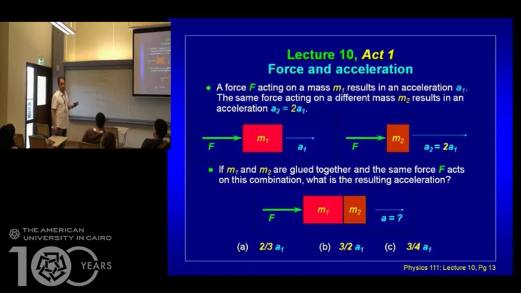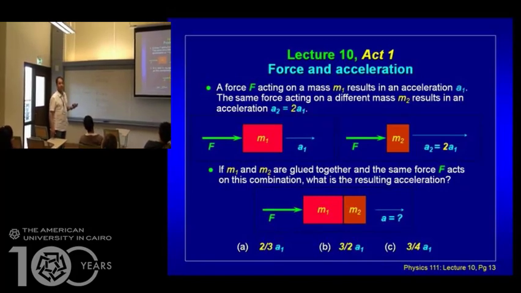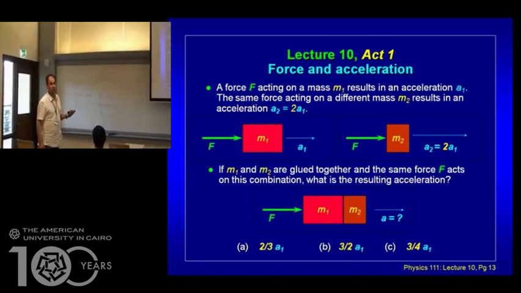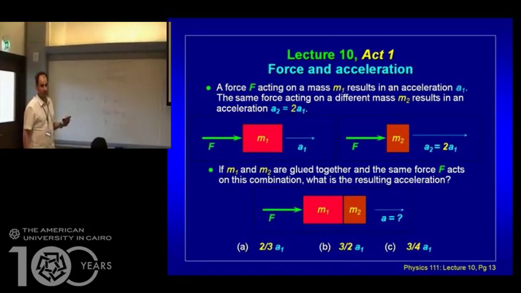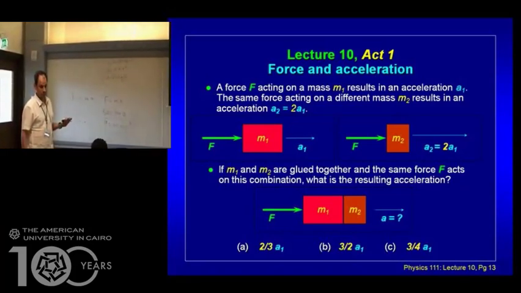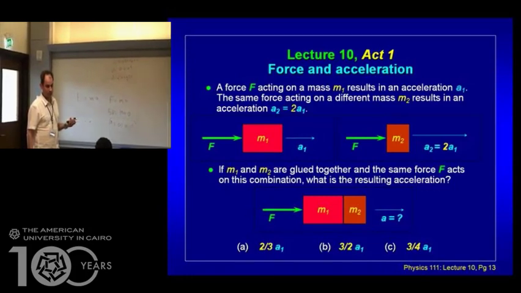Exactly, so M1 plus M2 will be 3 of M2. So it will have 1/3 of the acceleration of M2. That means that 1/3 times 2 is 2 over 3, which is A.